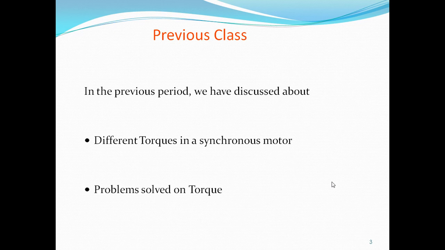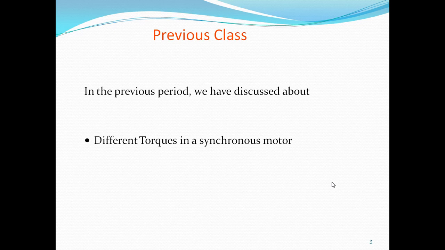What are the types of synchronous motor torques we have? As I told in the last class, we have four types of torques. One is starting torque. The name itself says it is produced at the time of starting.